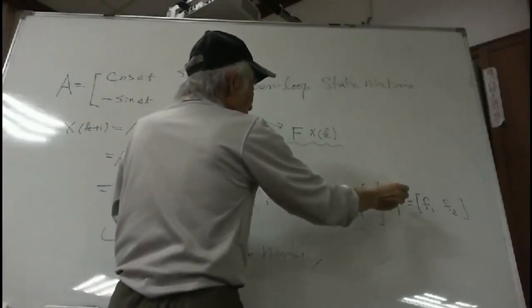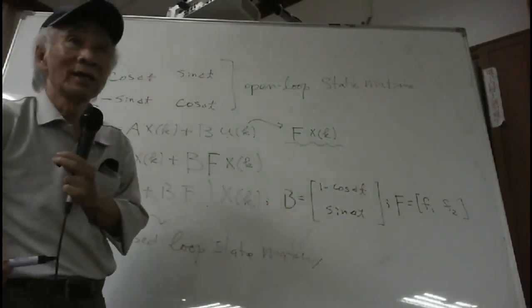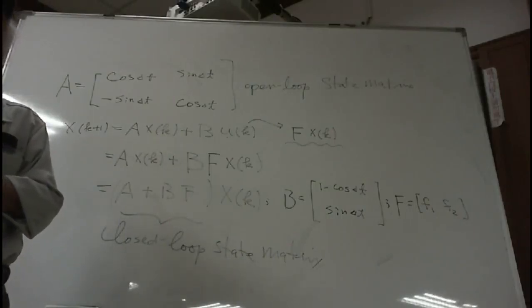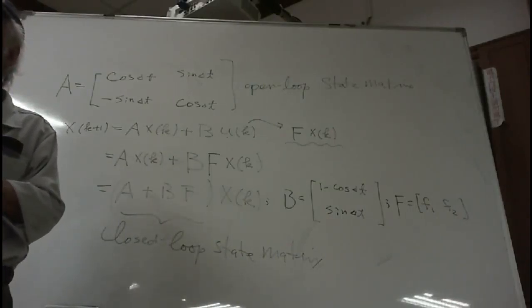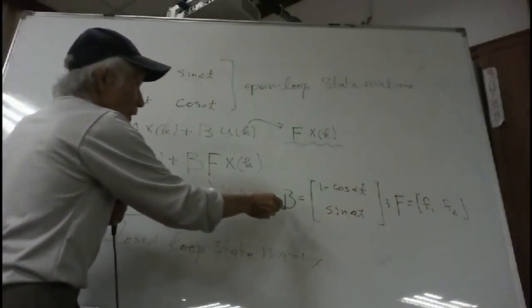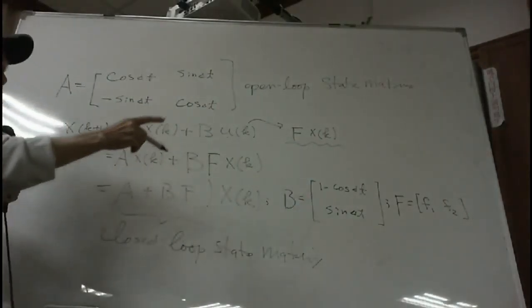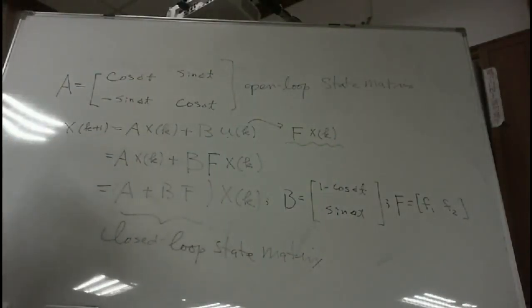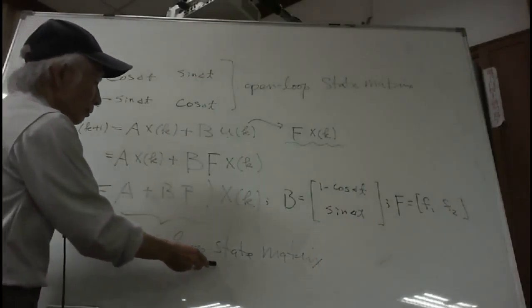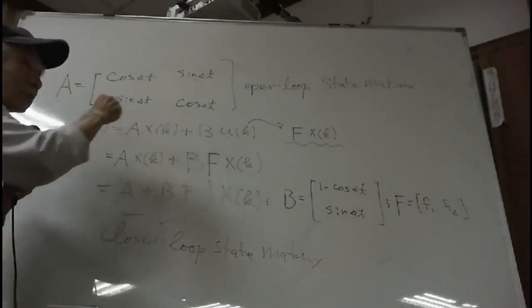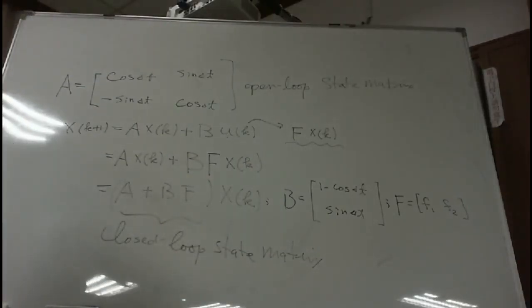So B times F, you know how to do matrix, right? So B times F plus A, that's that one, A plus BF. So that is what I call the closed loop state matrix. This is discrete time model. Any questions?